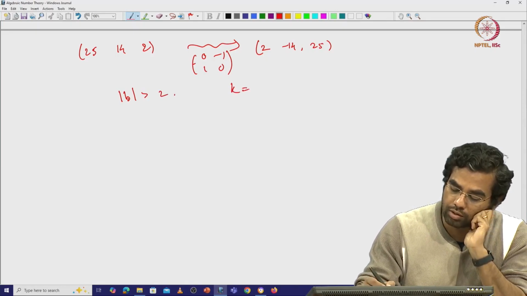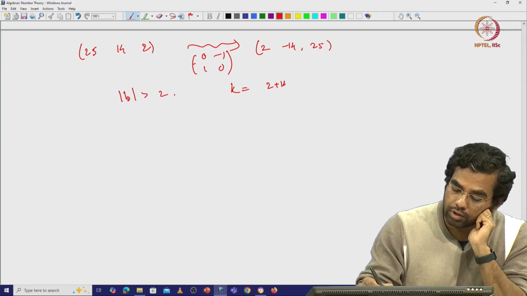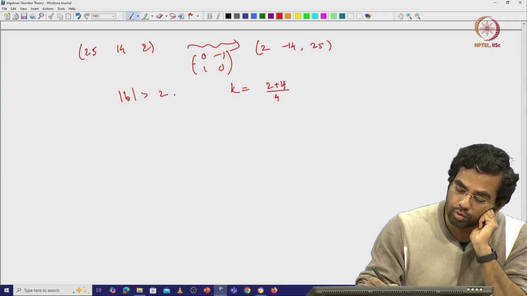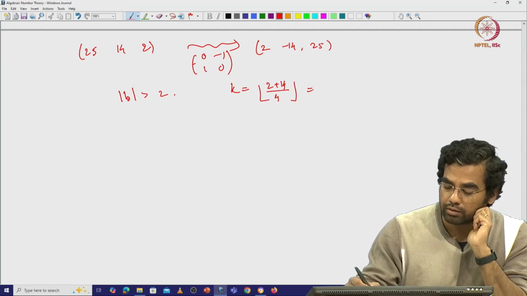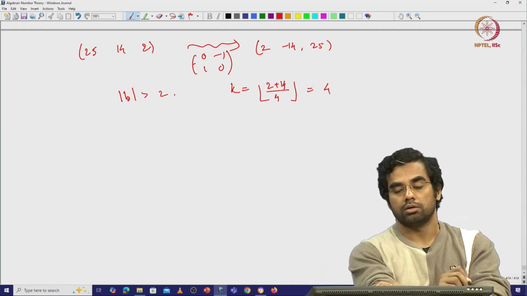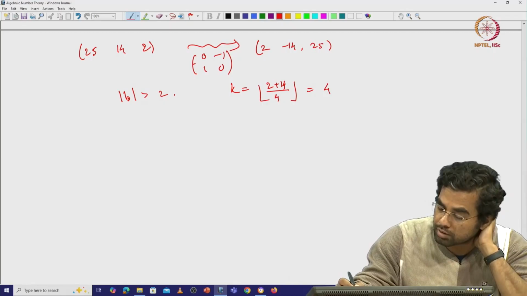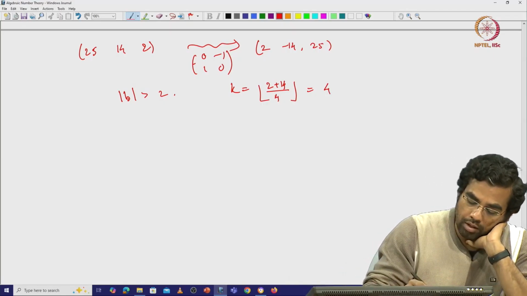So, you take K to be (2 + 14) / 4, the floor of this, which is exactly 4. In fact, you do not have to, it is an integer, but anyway.